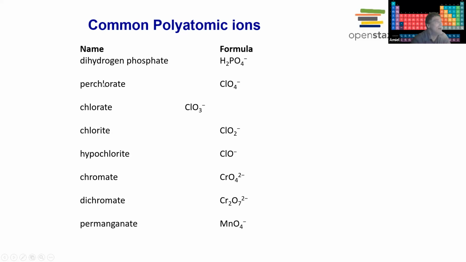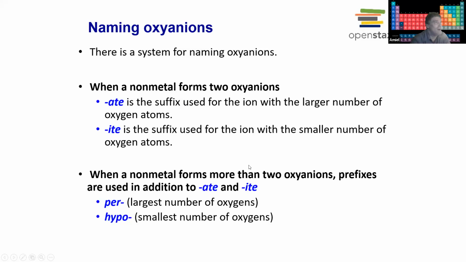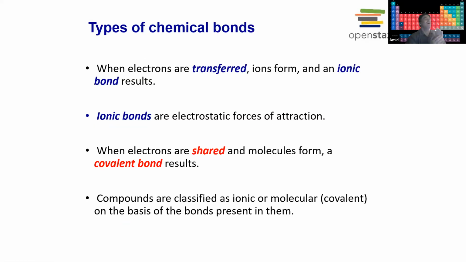So that is how you name compounds that have more than two oxyanions connected with them. Ate, ite, per, and hypo. All right, we'll get back to nomenclature in a little bit.